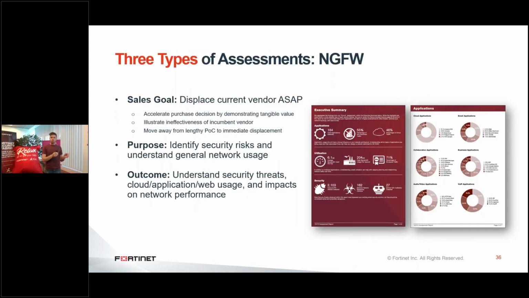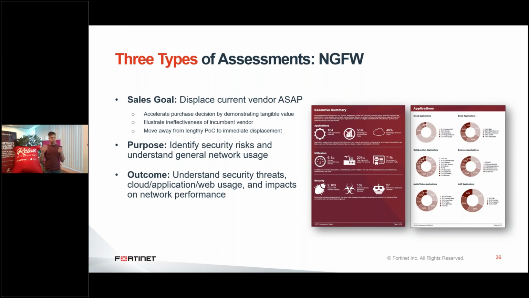So as I've mentioned, we have 3 types of assessments. The first one is next generation firewalling. This is carried out with a FortiGate, and there the report really focuses on the threats that have been seen within the network. You can use a one-arm sniffer mode for this.